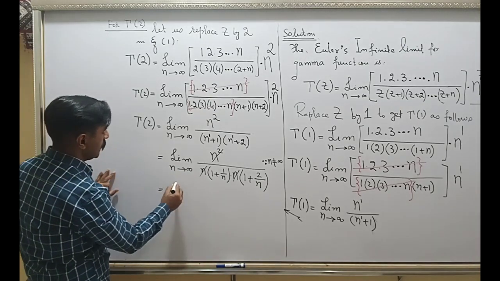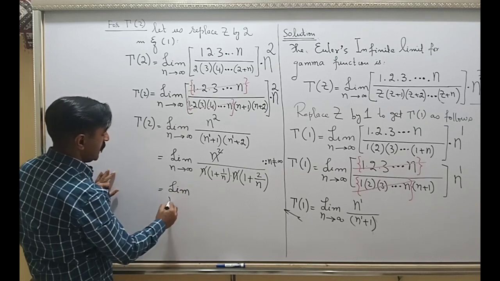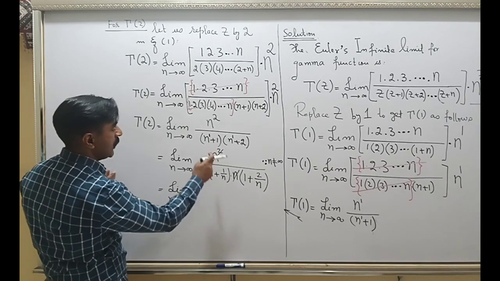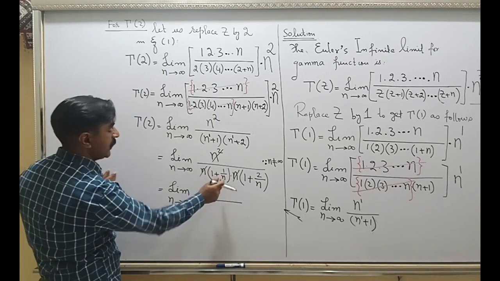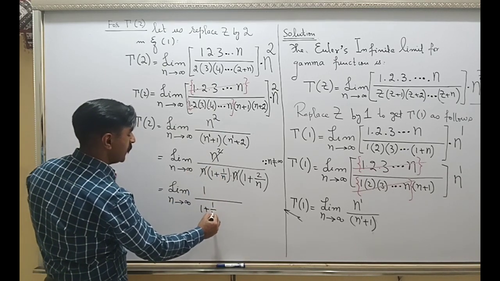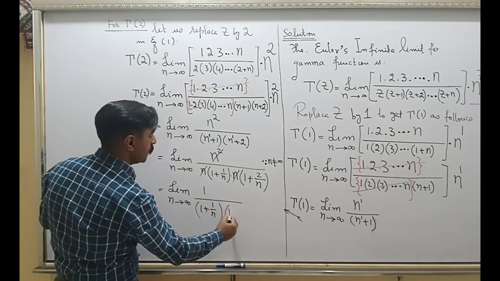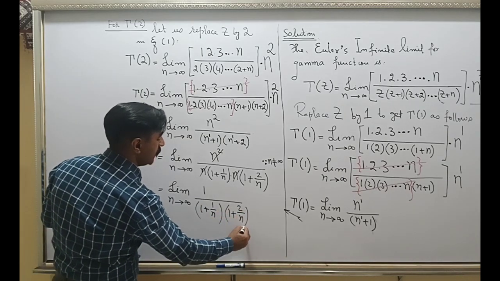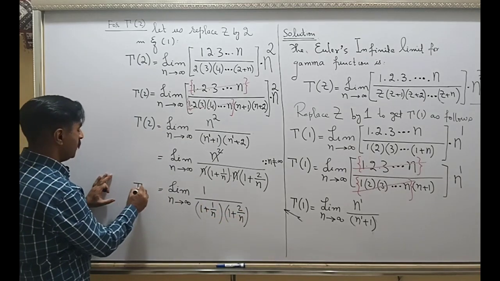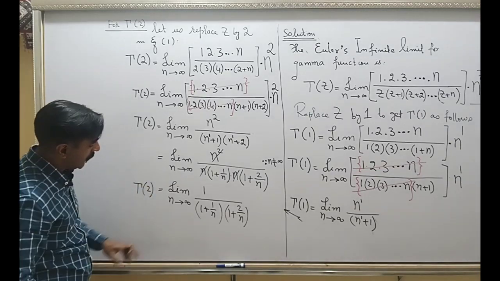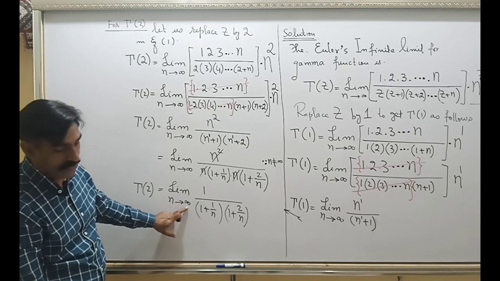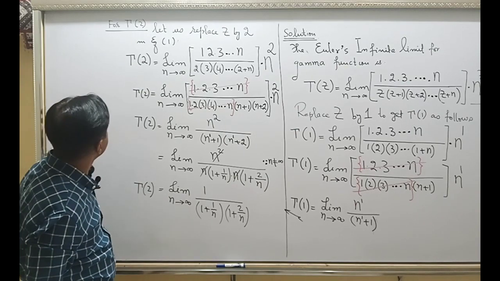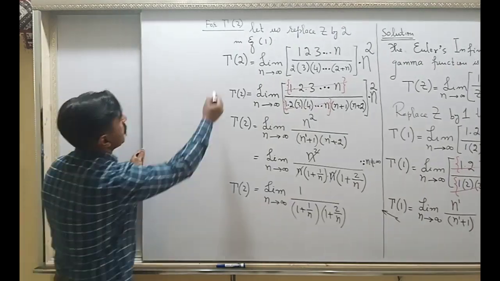Okay, so limit n approaches infinity. In the upside you have 1 because it has been cancelled, and in the downside you have 1 plus 1 over n into 1 plus 2 by n. Now apply limit, and what does it mean? Replace everywhere n by infinity. So let's do this here.